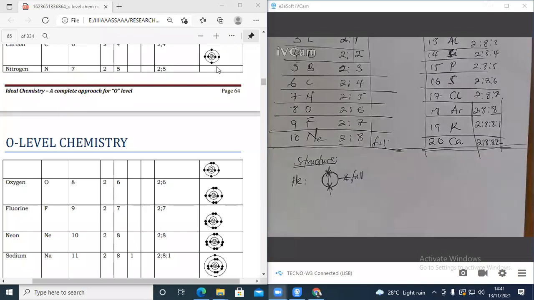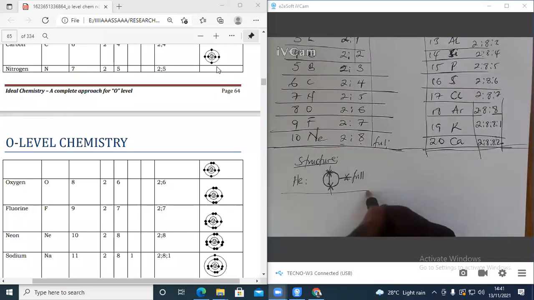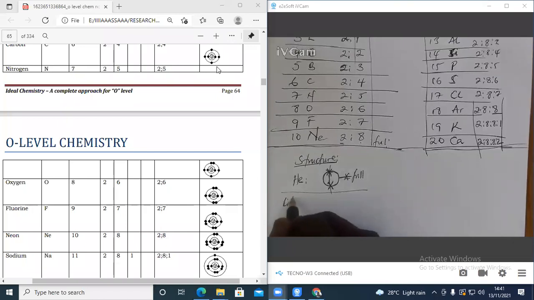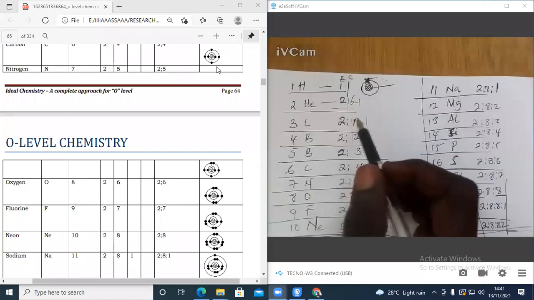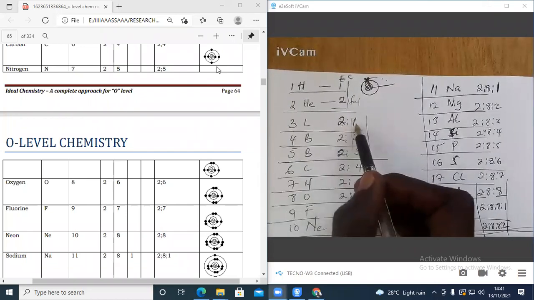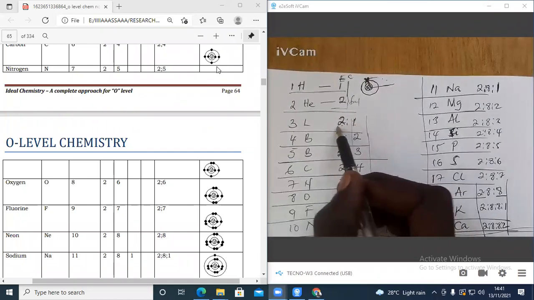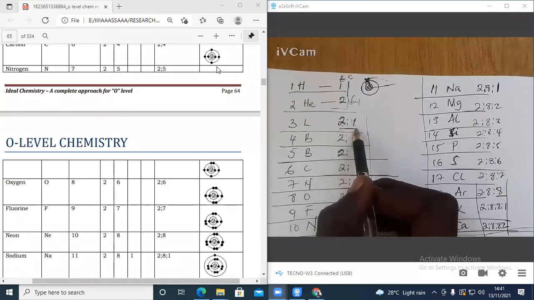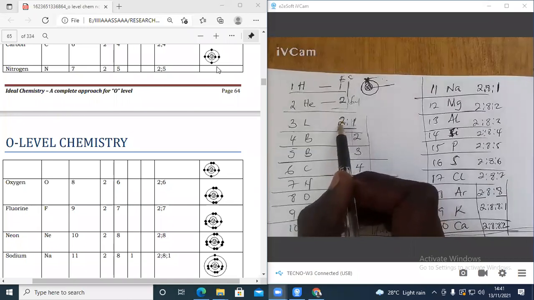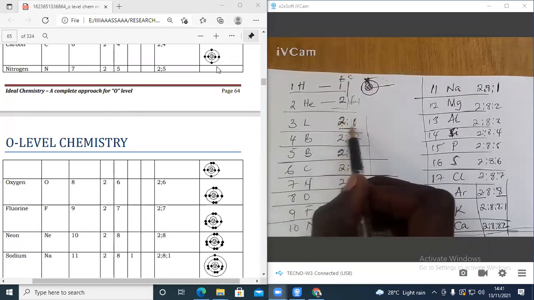Now, when you come to lithium, look at the number of lithium. It is a 3: 2 to 1. These are how many shells? 2 shells. So the number that you have here, 2 to 1, gives us the number of shells that substance has.